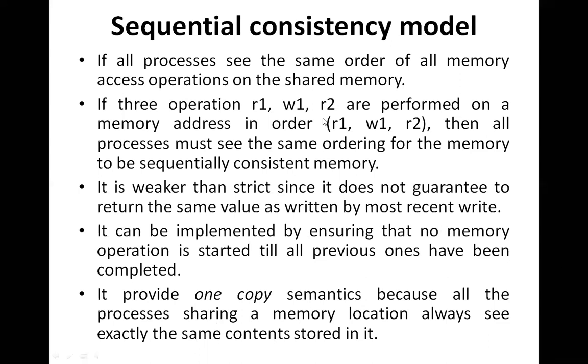If every process is seeing the same ordering as R1, W1, and R2, which is happening at a particular node on a particular memory address, that acceptable ordering will be an example of the strict consistent memory. But for any ordering, all the processes which are associated should see whatever sequence it may be; every process has to see the same ordering. That is the meaning of the sequential consistency model.